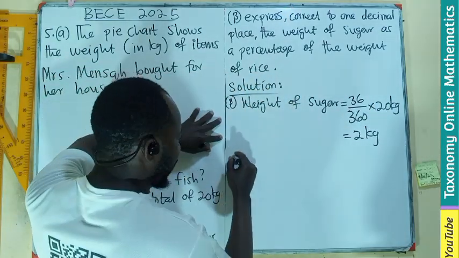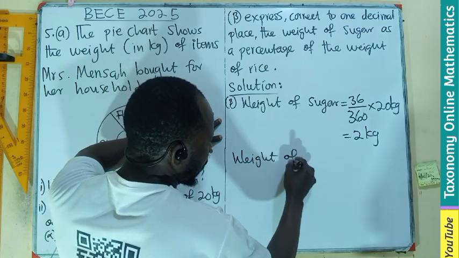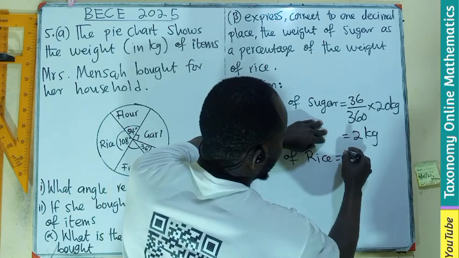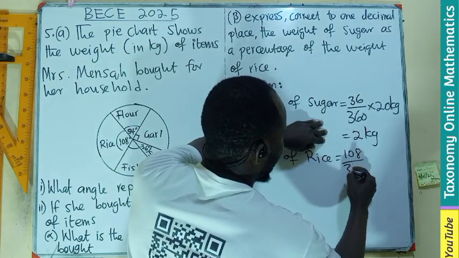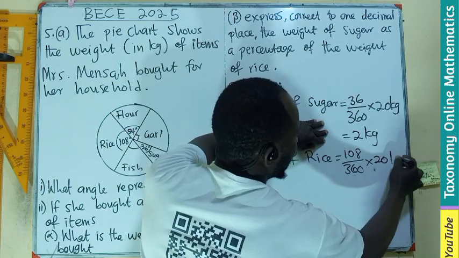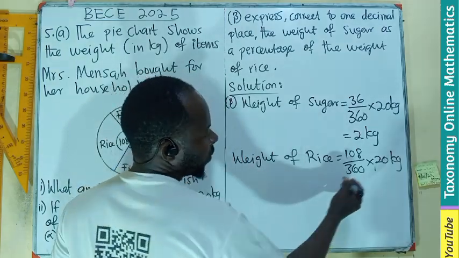Let's see, we find the weight of rice. That is 108 divided by 360 times 20 kg. So let's see if we want to cancel.